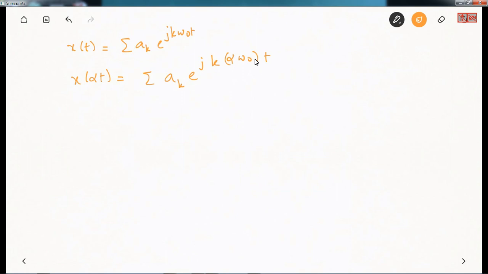As you can see, the Fourier series coefficients have not changed even a bit. Here only the fundamental frequency has changed, and the a k's have not changed.